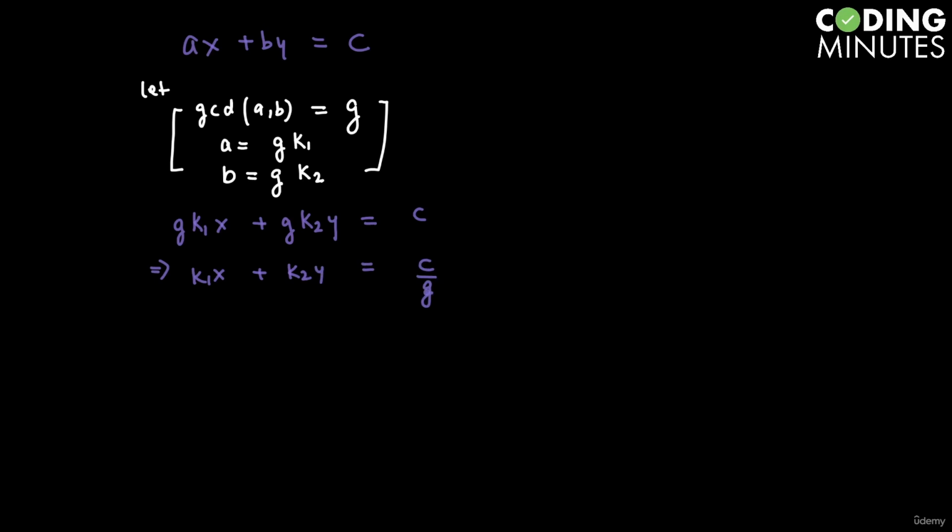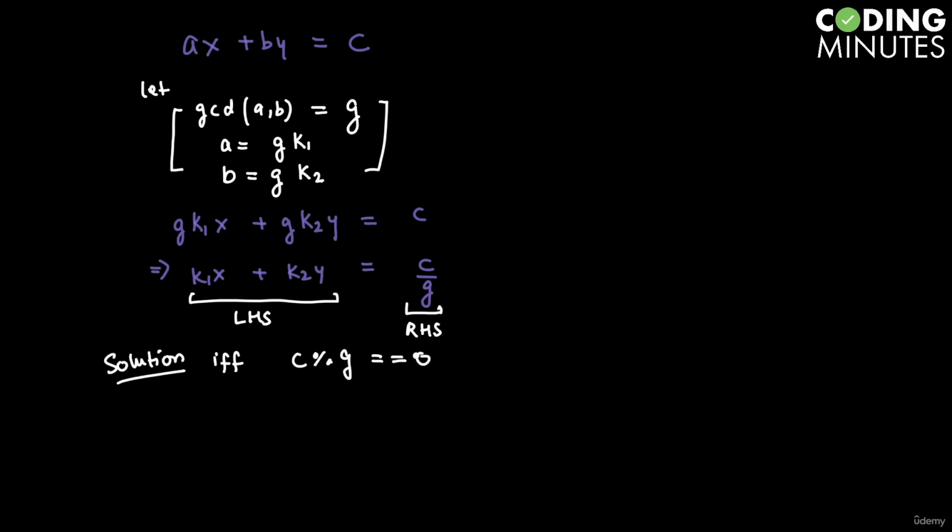So effectively, everything on the left hand side is an integer, which means the right hand side must be an integer. That means this equation will have a solution if and only if c is divisible by g, that is, c mod g should be equal to 0.